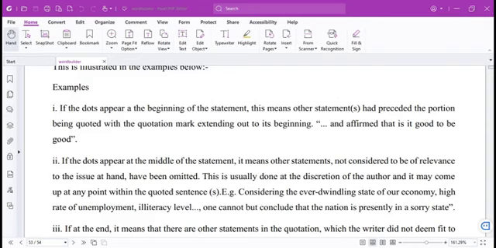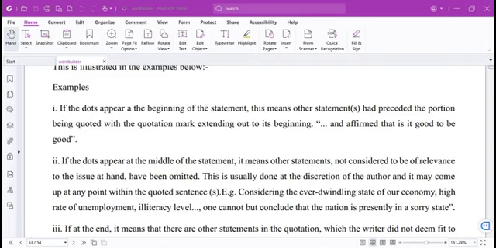1. If the dots appear at the beginning of the statement, this means other statements have preceded the portion being quoted, with the quotation mark extending out to its beginning. You can look at this. We have some other statements preceding this particular statement.